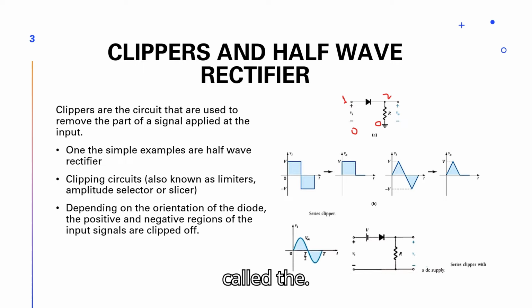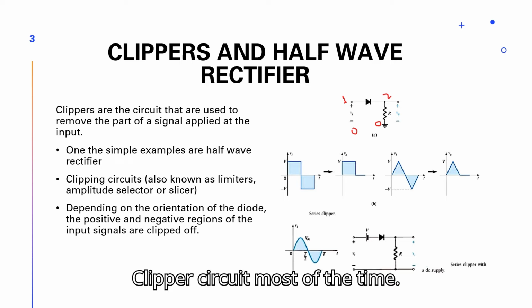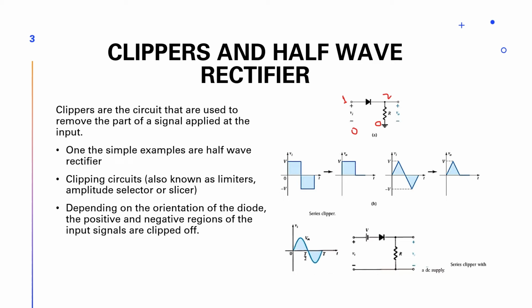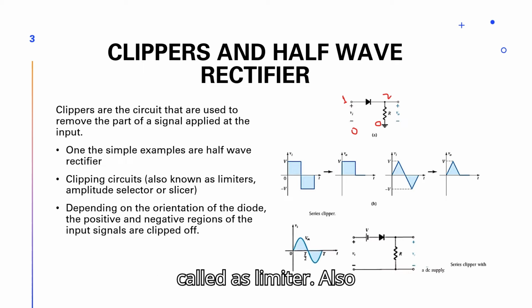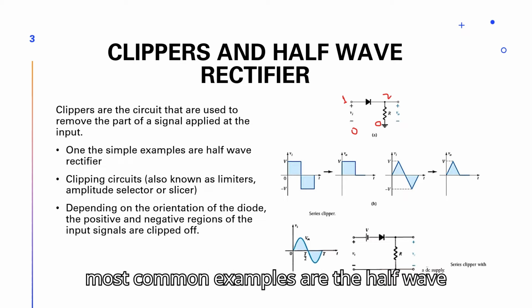So this is called the clipper circuit. Most of the time, examples of the clippers are the half wave rectifiers. These are also called limiters, also slicers, and the most common examples are the half wave rectifiers.